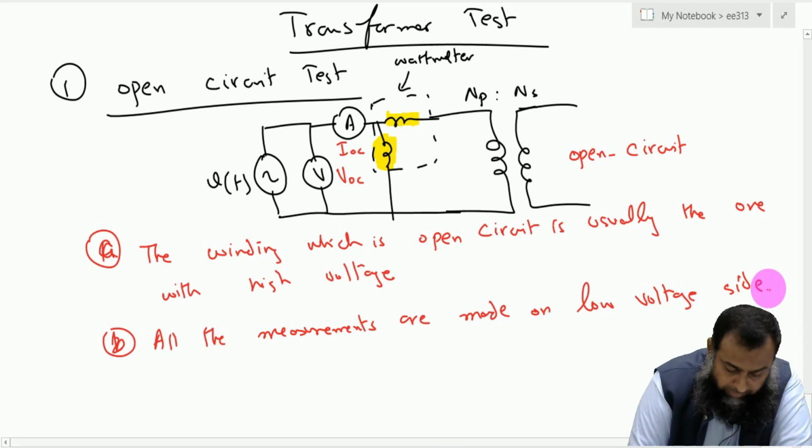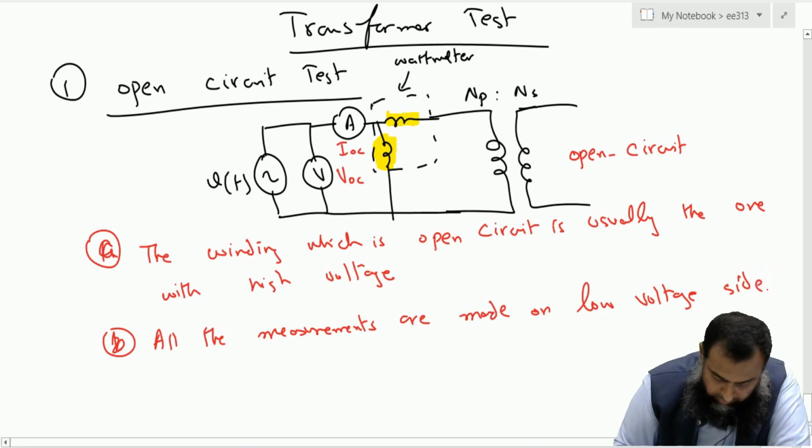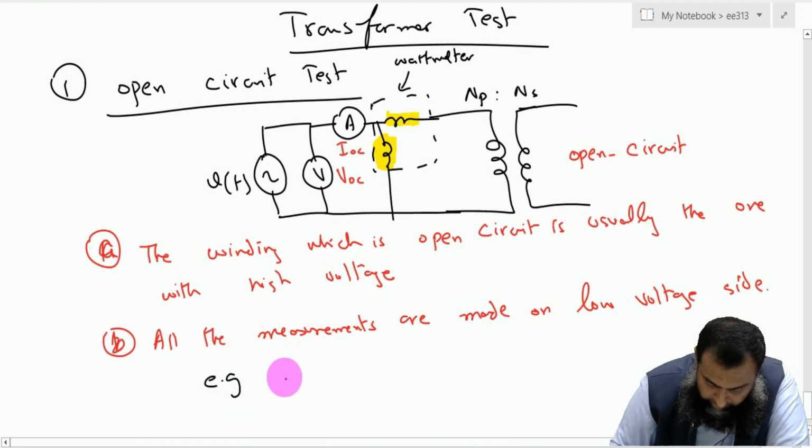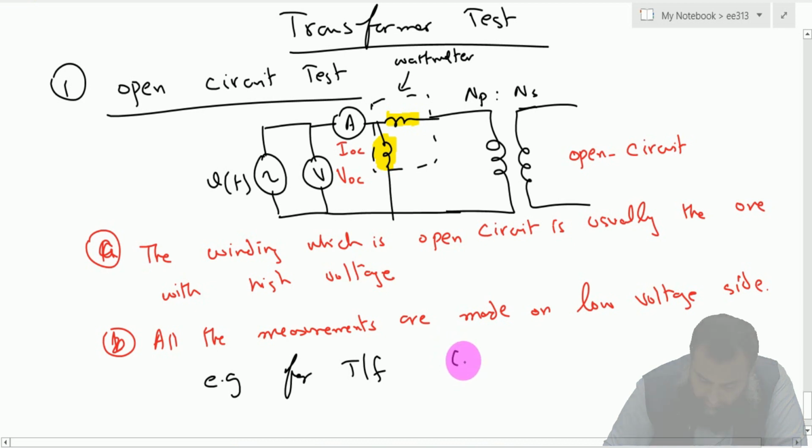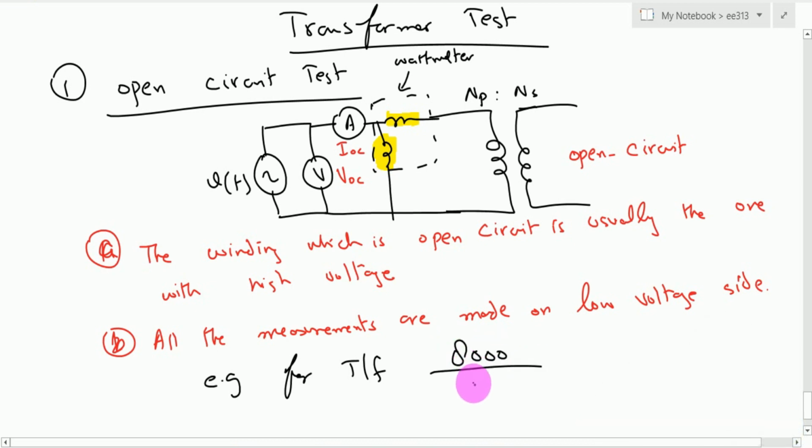So, for example, if we have a transformer rating something like 8000 over 240 volt, this means that we need to open circuit the winding which is designed for this 8000 volt. So we do know that this A is equal to Vp over Vs, and that is equal to 8000 over 240.